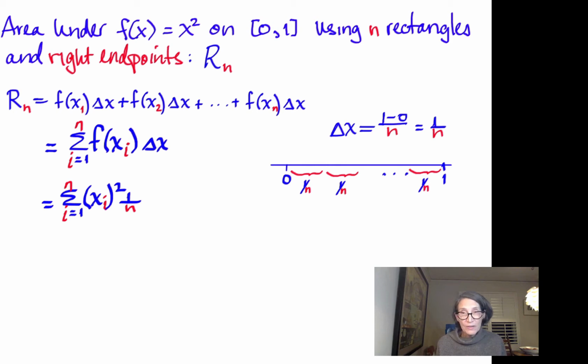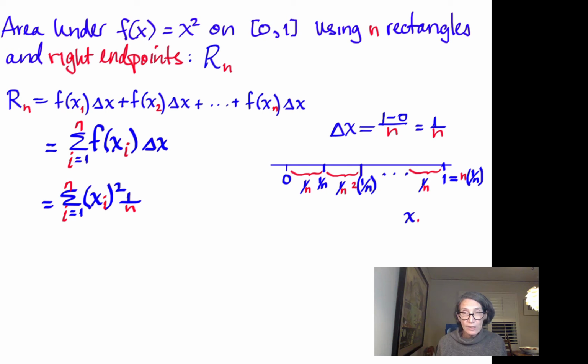So what are these right endpoints? Well, the first one is just 0 plus 1 over n, which is 1 over n. The second one is 0 plus 2 times 1 over n. So it's 2 times 1 over n. And then we keep going, and the last one is going to be n times 1 over n, which is 1, which it should be. That's the last right endpoint.